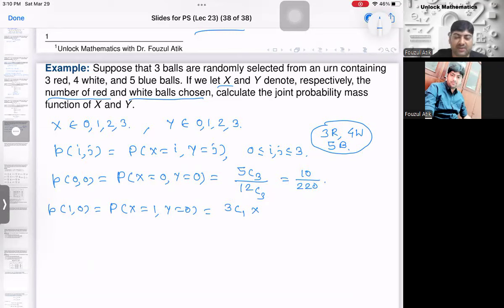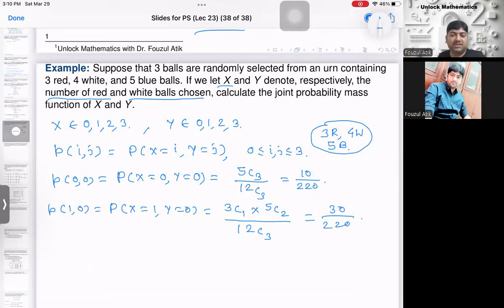How many ways is this possible? There are 3 red balls, and you choose one red ball among these, so 3C1 ways. The 2 remaining balls must be blue because there are 0 white balls. How many ways can you select these 2 blue balls from 5 blue balls? 5C2. So 3C1 into 5C2 divided by the total number of choices 12C3. Again, if you simplify, you get 30 divided by 220.